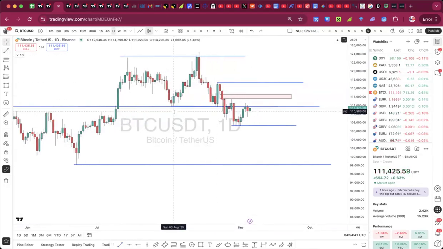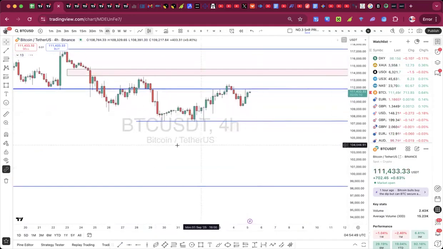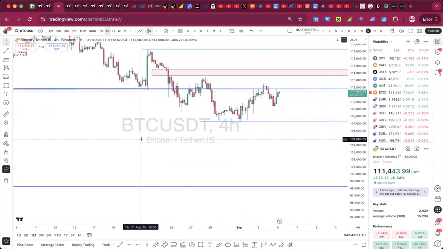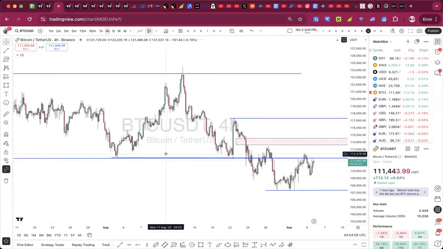Okay, so this is on the daily time frame. I've marked some key levels on the daily time frame. Step down to 4 hours to refine the market properly and see where the buyers are. You're already saying temporarily the market is in a downtrend. If you look at it on 4 hours, it's absolutely yes.